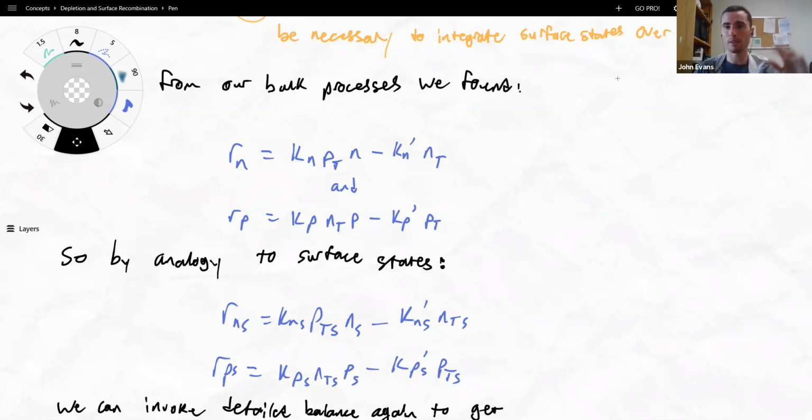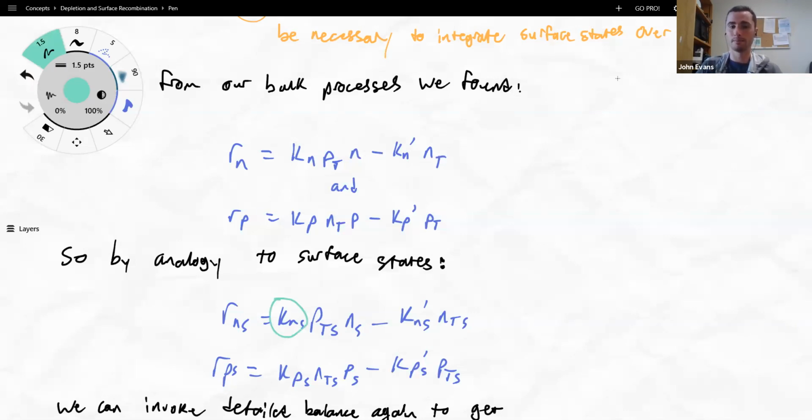We're going to start with the overall rate of electron capture and emission, and hole capture and emission, given by these expressions. And we're going to put a subscript S to say that now we're talking specifically about the capture coefficient, the concentration of available states, and the concentration of electrons at the surface. These are not necessarily the same values that you would find in the bulk.